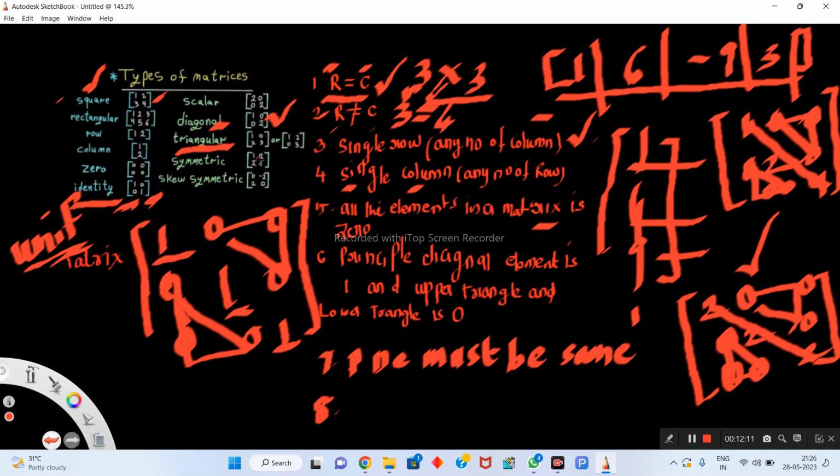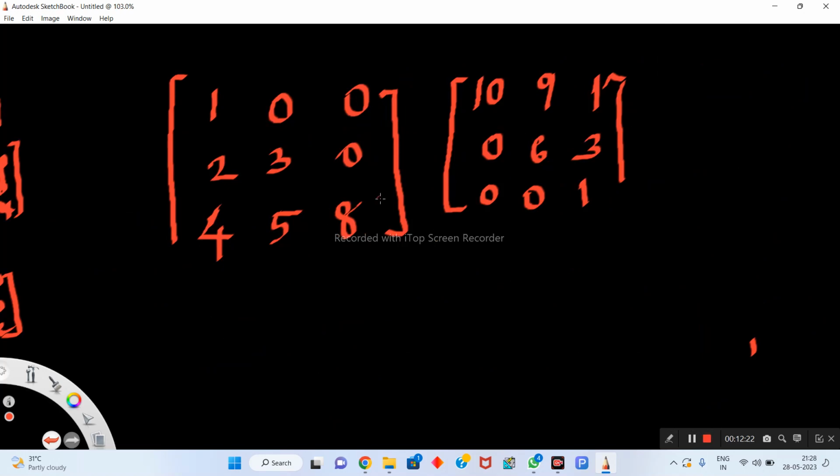What is triangular matrix? Let me explain to you what is triangular matrix in detail. See, triangular matrix means this is an upper triangle, and if upper triangle elements are 0 and rest all elements have some value, this is known as a lower triangular matrix.